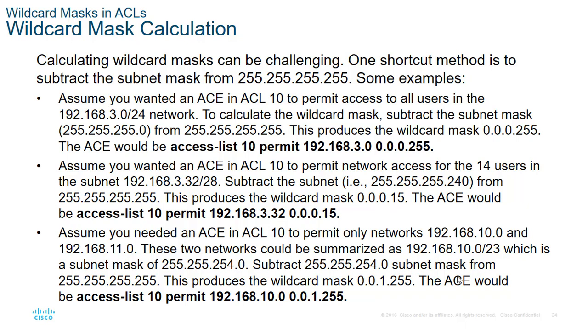To calculate the wildcard mask, you subtract the subnet mask 255.255.255.0 from 255.255.255.255, which would then give you 0.0.0.255.